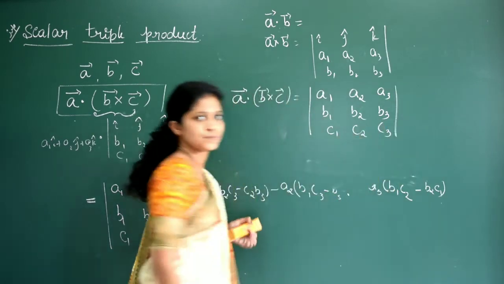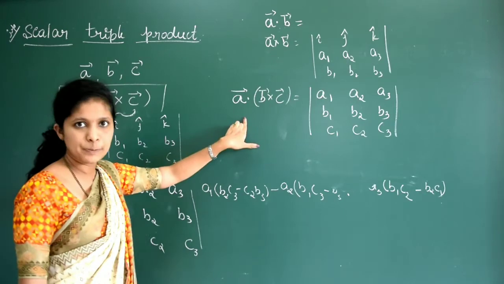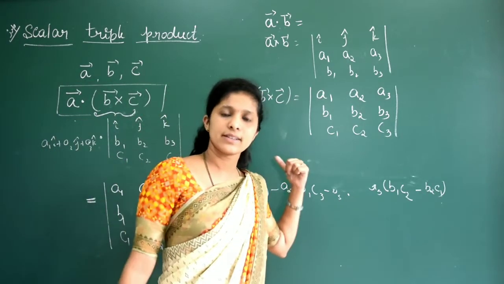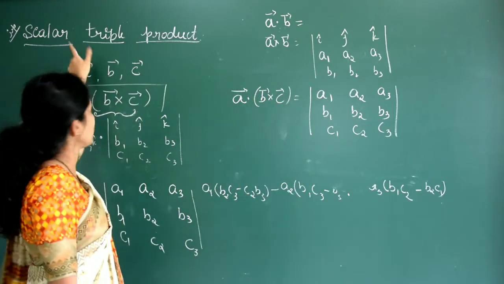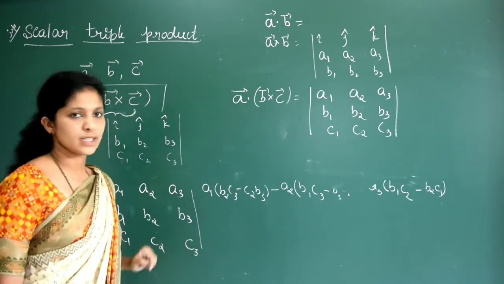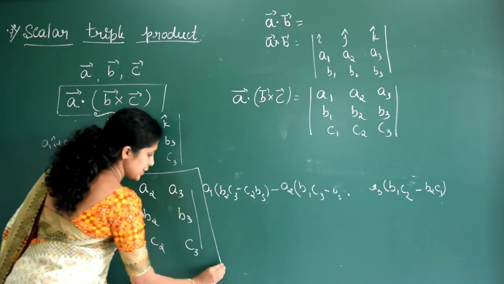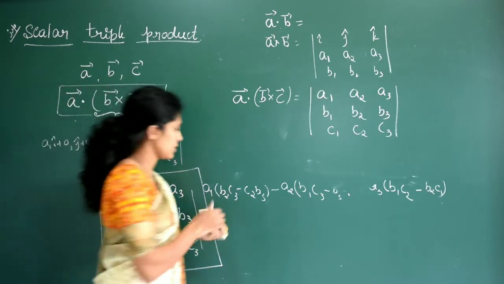Is it clear? Dot product, cross product, scalar triple product. Similarly, vector triple product is there, but that is not in your theory concept. While doing the J concept, I'll explain the vector triple product. This is about the scalar triple product. Remember this: you just need to find the determinant of this matrix. Is it clear?